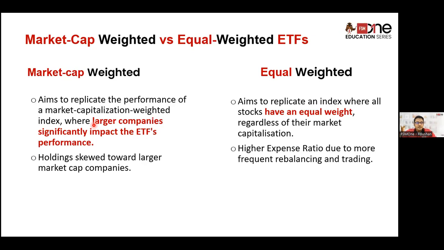So the performance of that index is skewed towards these companies, because since they have a larger market cap, their movement has a more significant impact. Whereas in an equal weighted ETF, since everybody has equal percentage weighting, there needs to be active management to make it equal weighted. Therefore, the expense ratio will also be higher, right?